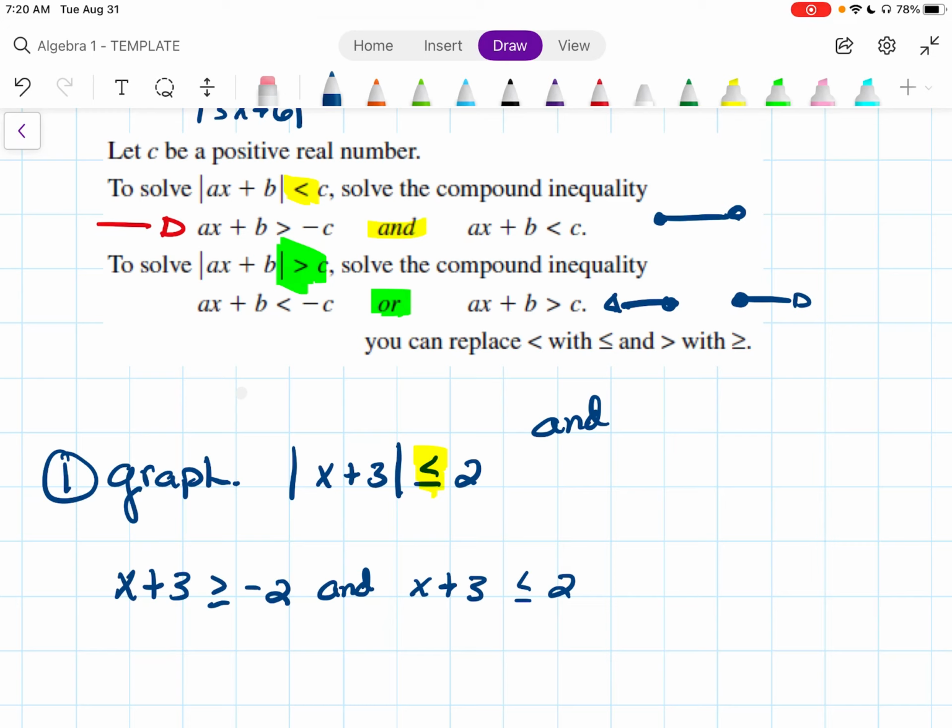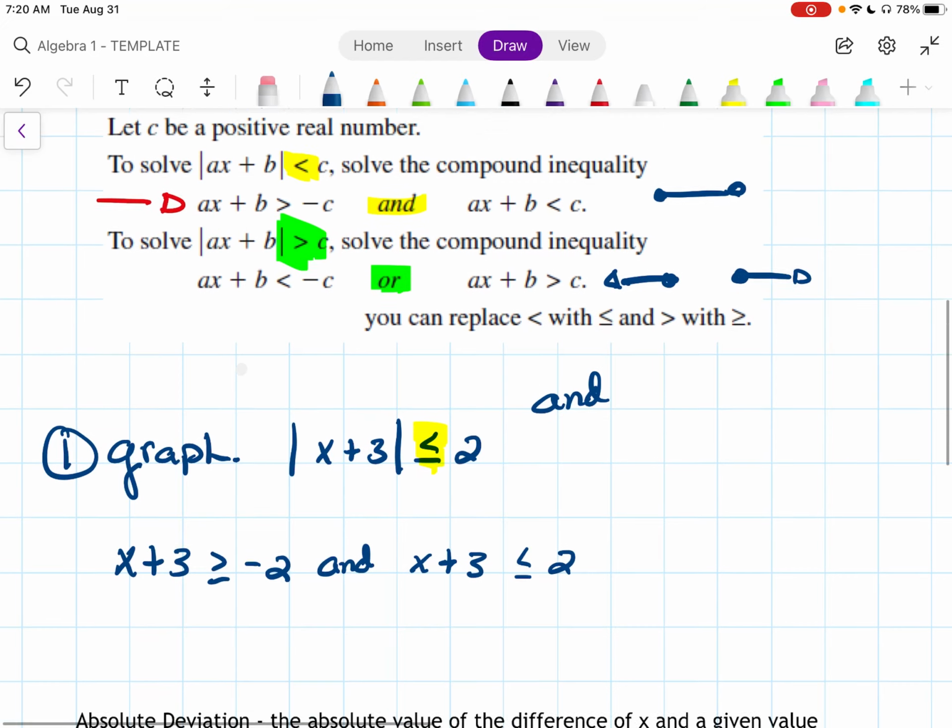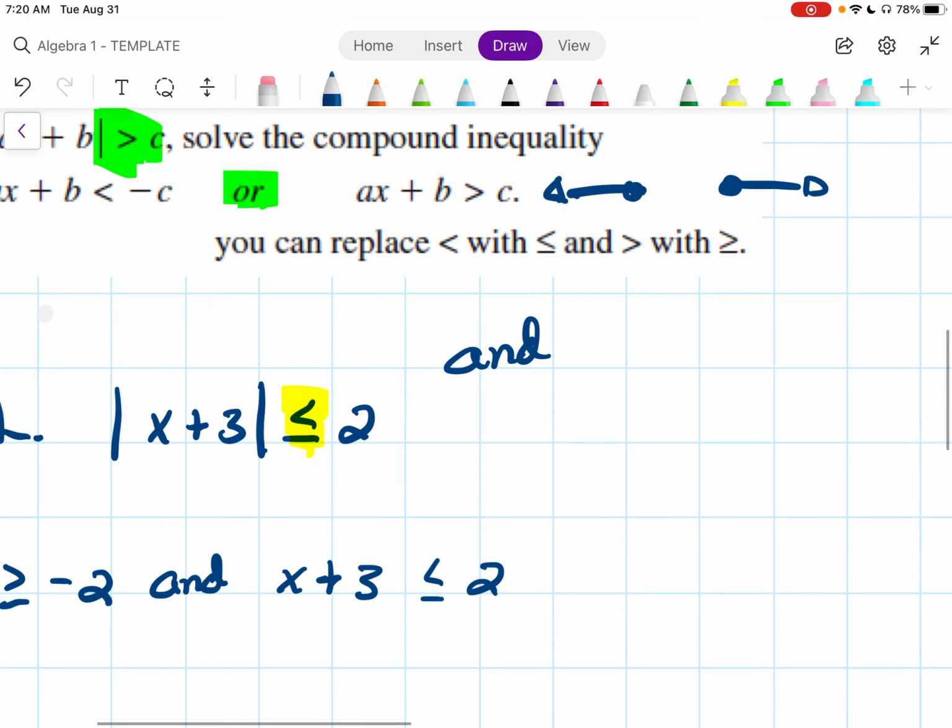I can solve that just like our normal compound inequality, and we can graph it. Another way to look at this, and this only works for the ands, only whenever the absolute value bars are less than the number. It only works for the things that I have shaded yellow. We could say negative 2 is less than or equal to x plus 3 is less than or equal to 2.